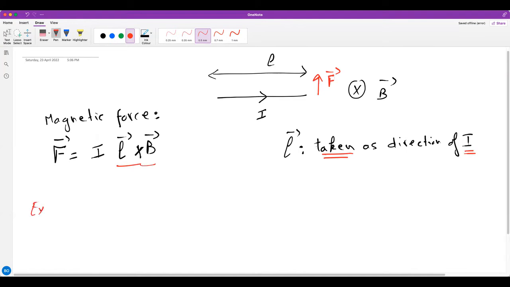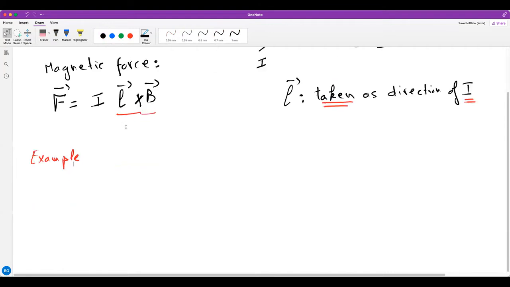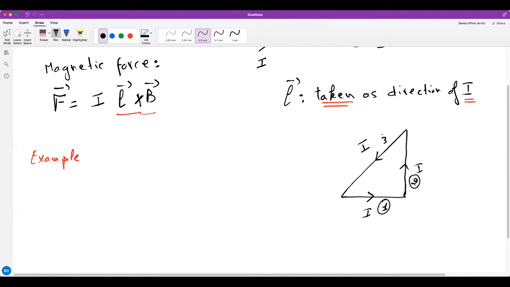So let's take a triangular loop. The triangular loop is crossed by a current, and this current is I. Side one is here, side two is here, and side three.